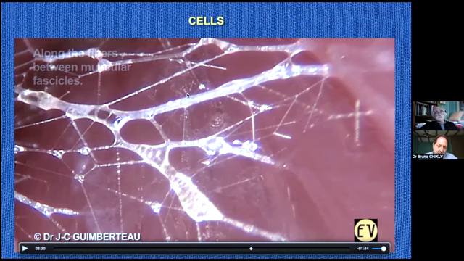So inside the muscle, you have different types of cells. What about immune cells? Could it be some macrophages or lymphocytes? I don't know. But you have this kind of cells here, and they use the fibers.